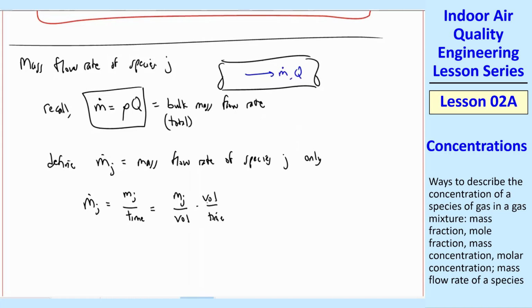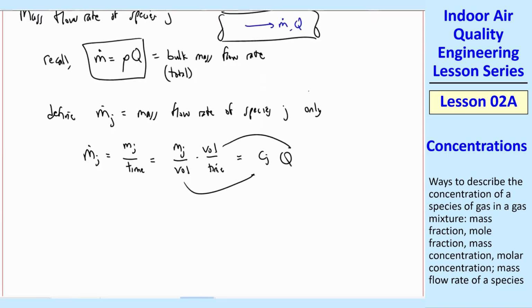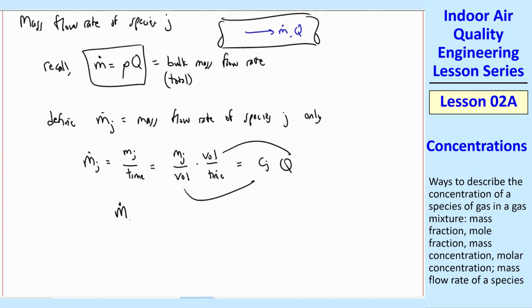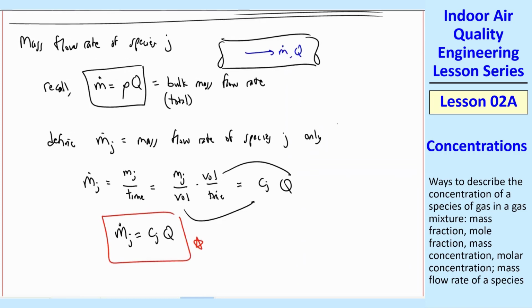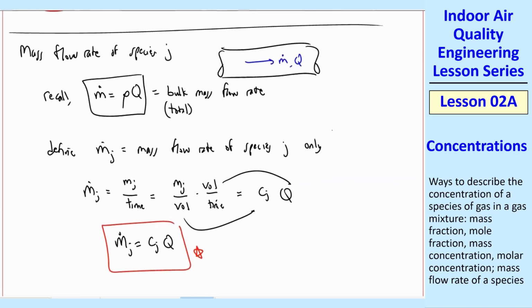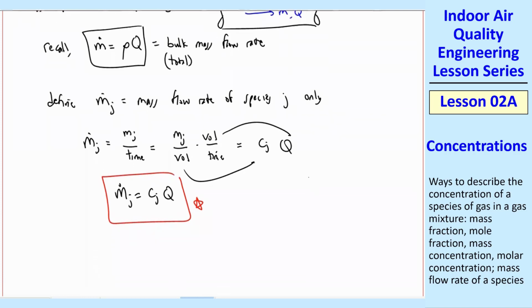Just multiply and divide by volume. And so this gives me mass per volume is Cj, and volume per time is Q. So we have a nice simple equation then, m dot j is equal to Cj times Q. So if you know the bulk flow rate and the mass concentration, Cj, you can easily calculate m dot j.